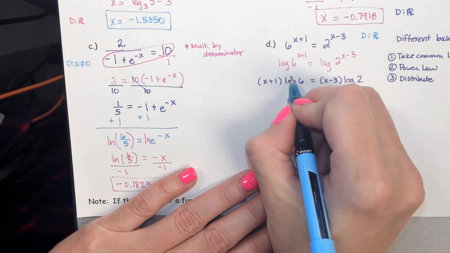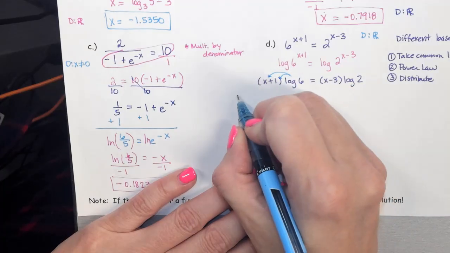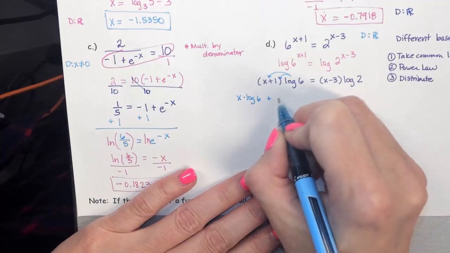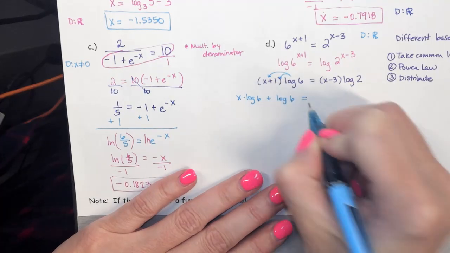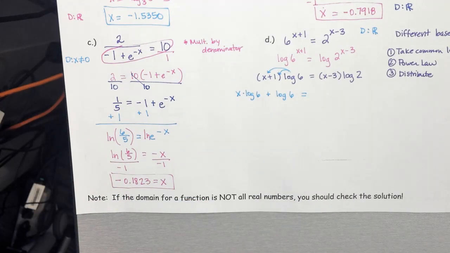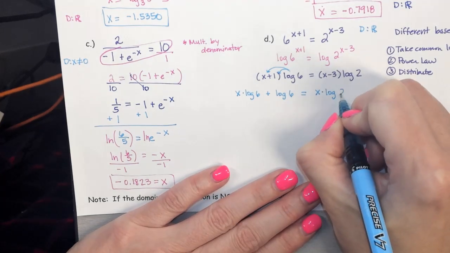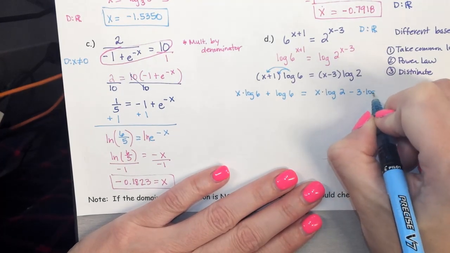So if you distribute here, you have x times the log of 6 plus 1 times the log of 6 equals, and then I want you to see if you can write out the other side, using the distribution. So we have x times the log of 2 minus 3 times the log of 2.